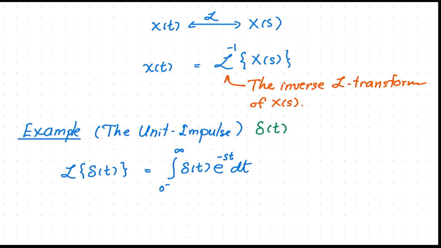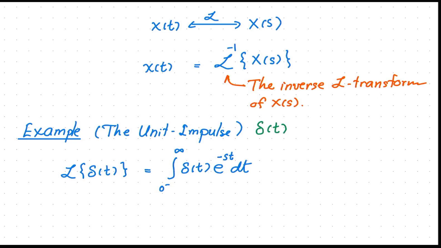Okay, and now we could use the property of delta, right? Because we know delta exists only at time equal to 0. So we can plug in time equal to 0 here, right?